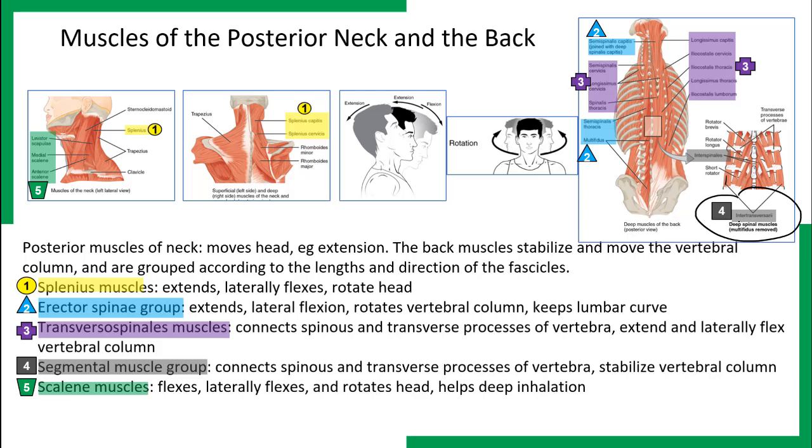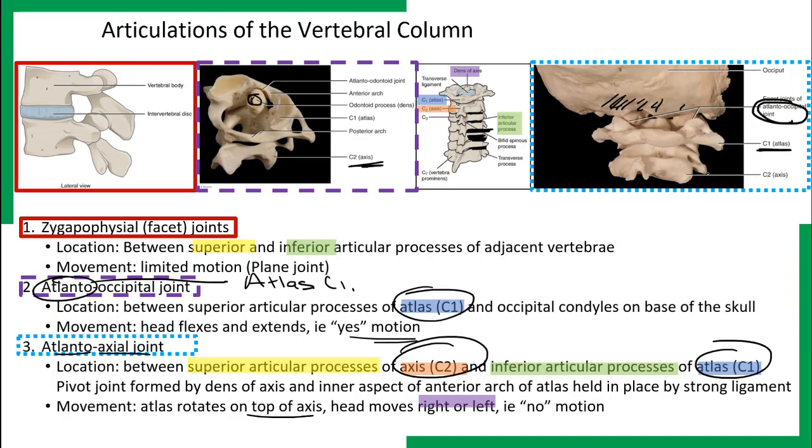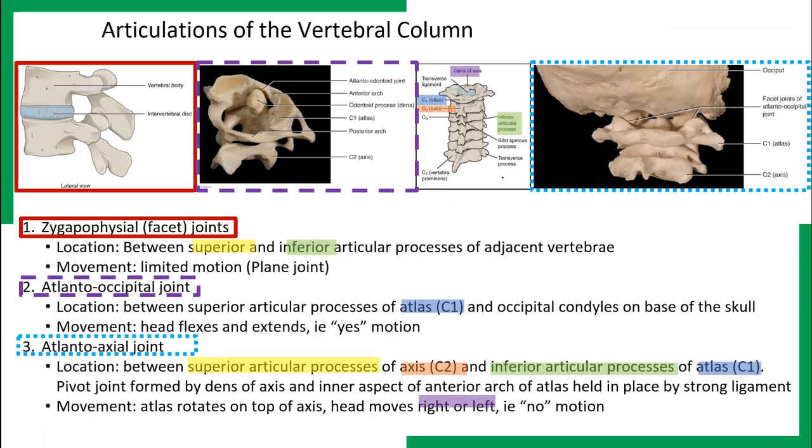And so you've got the intertransversarii, and you've got the interspinalis. So I'm going to go over here and just point out where the transverse process and the spinous process are located. The transverse processes are located at the side, and the spinous processes are located at the back.